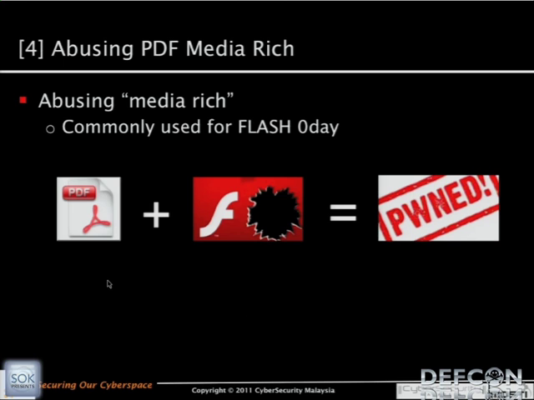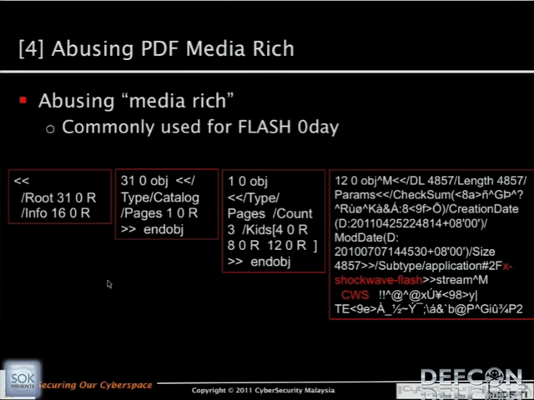So you have a normal, good-looking PDF. It's not malformed, but you have bugs in Adobe and Flash, and you get owned as well, right? How does it look within your PDF structures? For example, you start with /Root again.